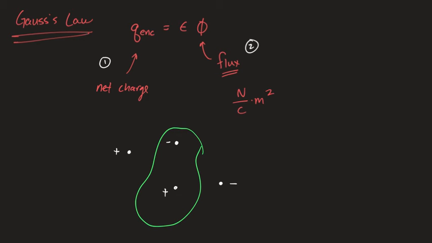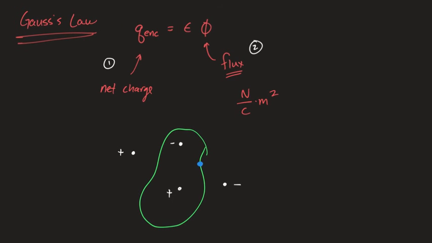Meaning, if I want to know the electric field at this point on the surface, all four of those charges contribute to the electric field there, because they would all contribute to a force on a charged particle there. Gauss's law doesn't tell us anything about how these charges contribute to the electric field at the point P labeled. That's not what Gauss's law is about.